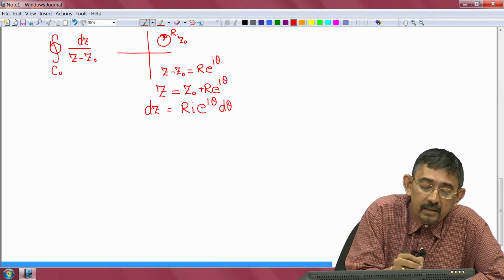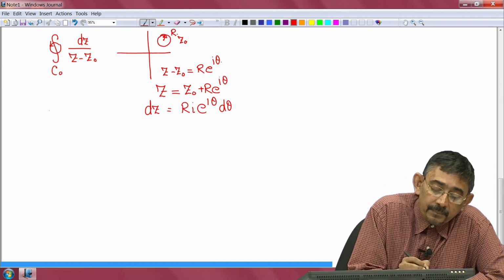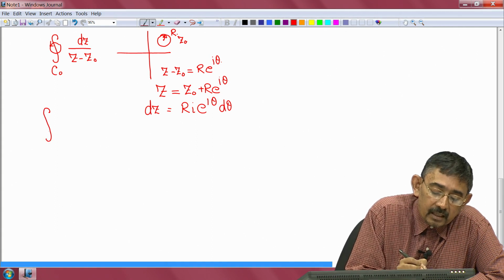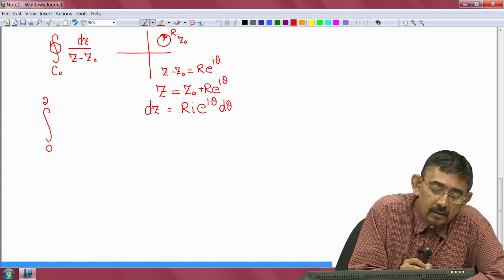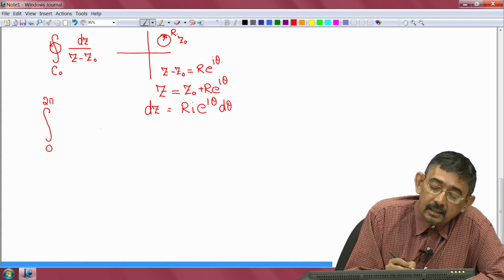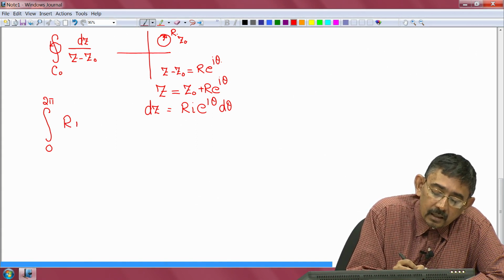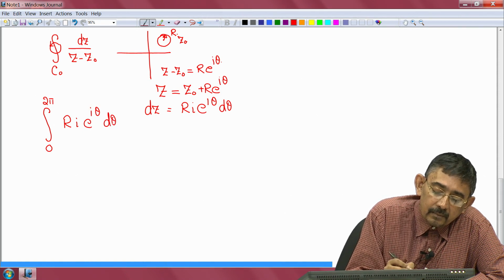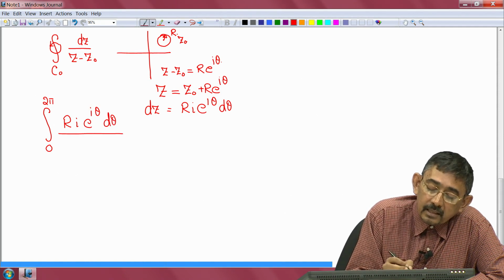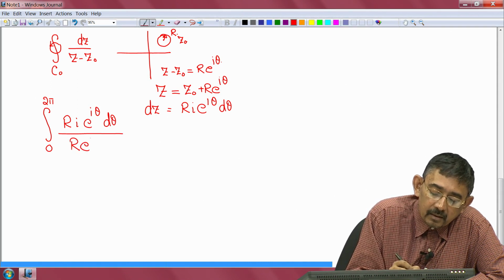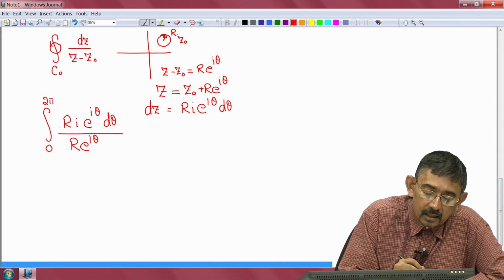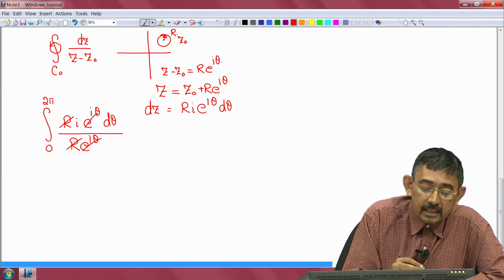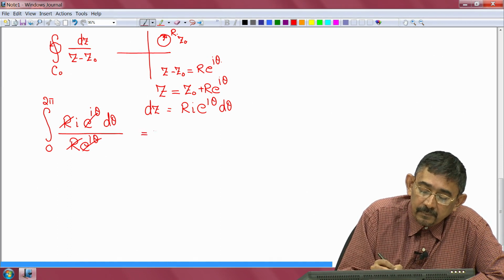Now, I replace everything in z with everything in theta, and so my limits on theta become 0 to 2 pi. dz is r i e to the power of i theta d theta divided by z minus z0, which is r e to the power of i theta. So, r goes out, e to the power i theta goes out, i d theta from 0 to 2 pi is i times twice pi.